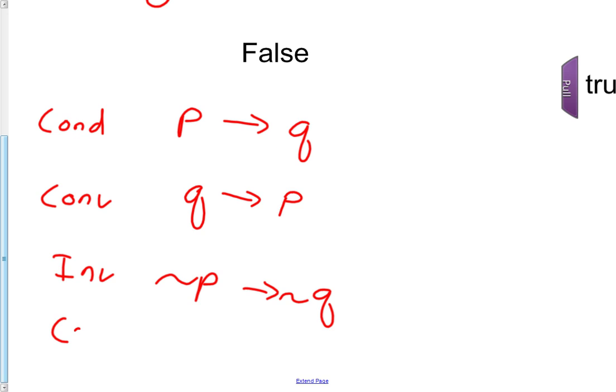And then the contrapositive is going to be Q comes first, then P comes second, and you put nots on both of them. So if not Q, then not P. That's kind of a summary of the last 5 or 6 slides.